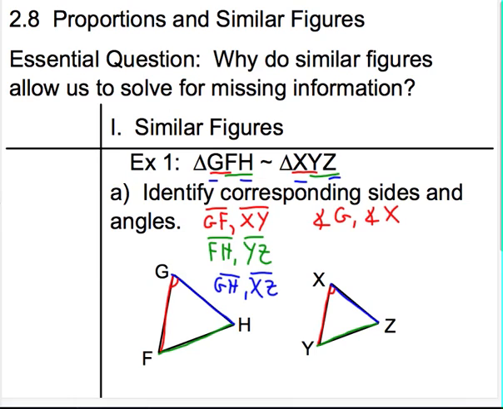And then we've got angle F corresponds to angle Y. And finally, we've got angle H corresponds to angle Z. And again, looking at the similarity statements, we've got G and X listed first, so those are corresponding angles. F and Y are listed second, so those are corresponding angles. And H and Z are listed third, so those are corresponding angles.